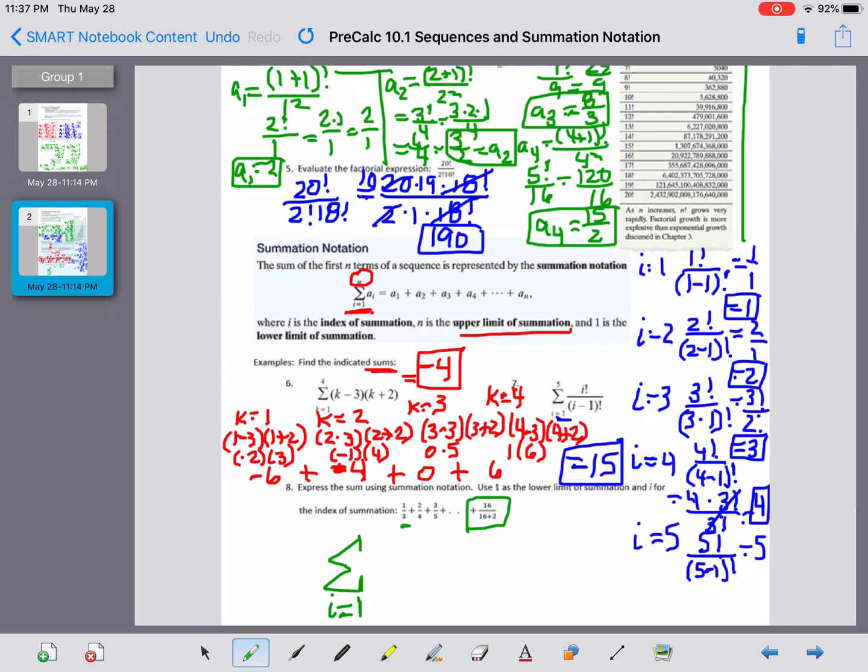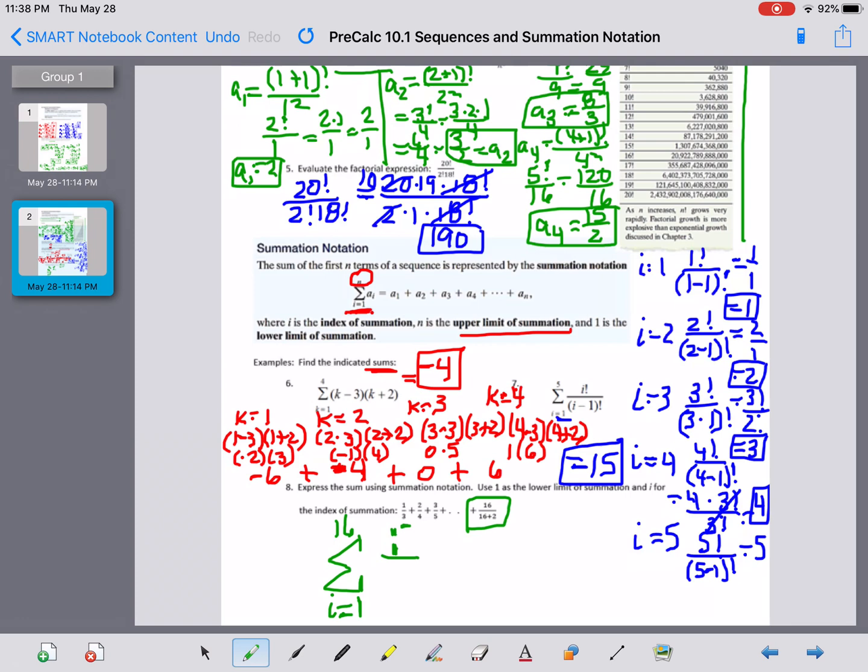So as I start my rule, I'm going to try to keep my rule as condensed as possible. I think I'm just going to put i on top because if my first term is 1, my second one has a 2, my third has a 3, my 16th has a 16, it makes sense that I just put i on top for my rule. Okay, so how can I now put my bottom so that I can get what I need? On the last term, I see 16 plus 2.